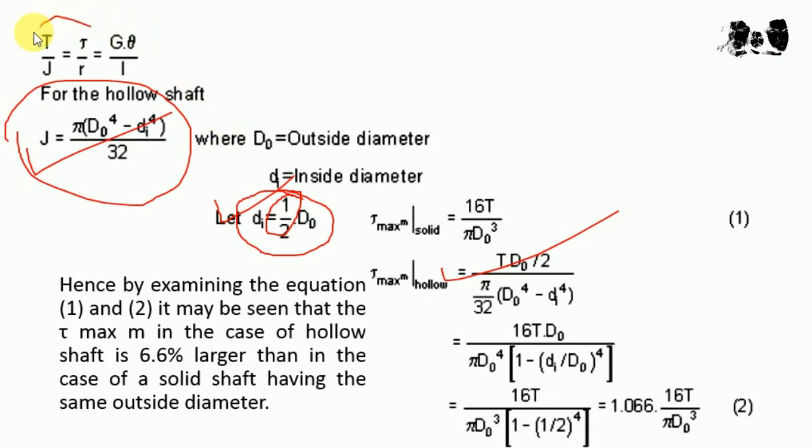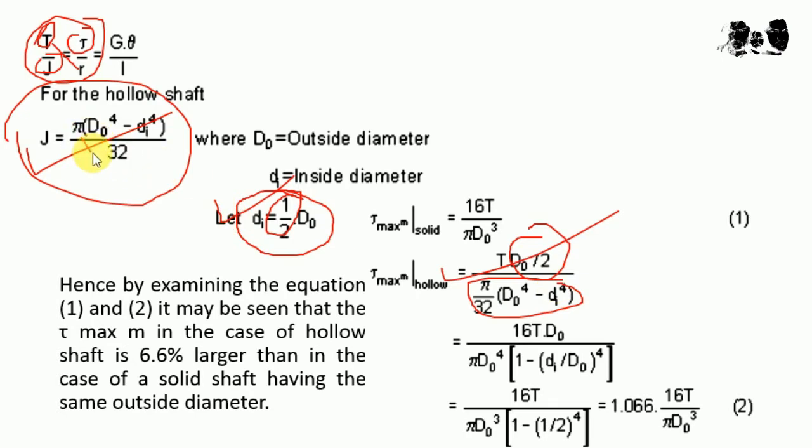Taking these two parts of the equation, we need to find the shear stress. Simply multiply R into here, TR upon J. The value of R is converted to the diameter, d naught by 2, and this is the polar moment of inertia for the hollow shaft.